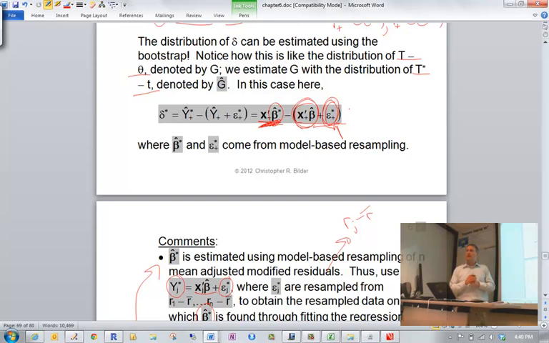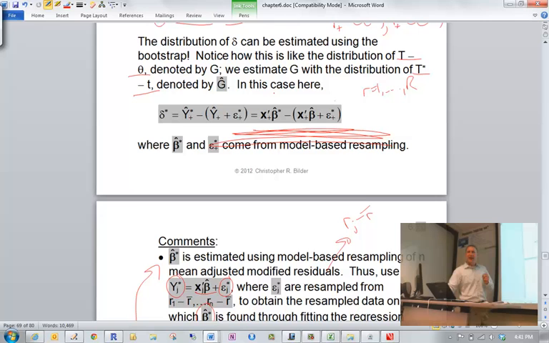So for every single resample, let me make sure this is clear. For r equal 1 to capital R, you're going to be doing this. Get one resample size n. Do some erasing here, because my emphasis is clouding things up in my notes.